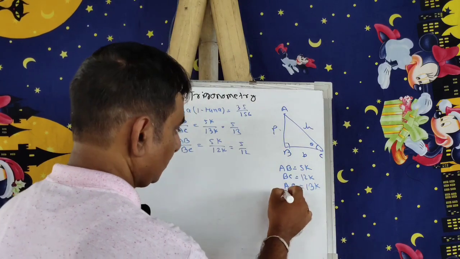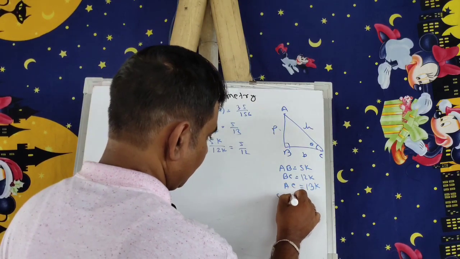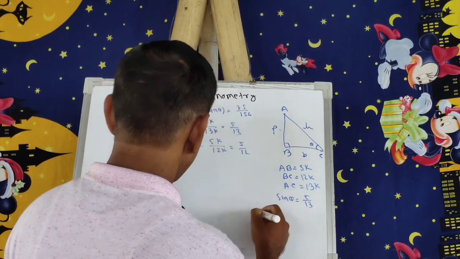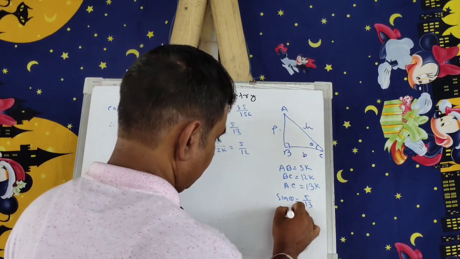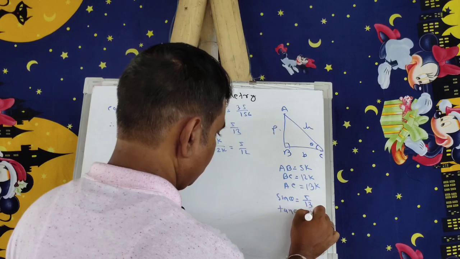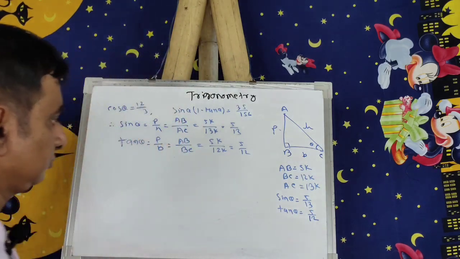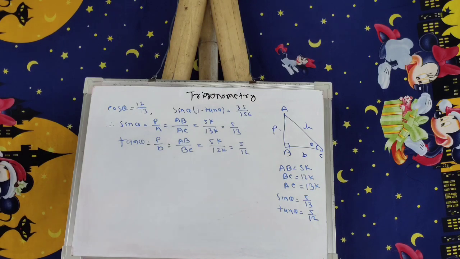Therefore, sin theta equal to 5 by 13 and tan theta equal to 5 by 12. Okay, good.